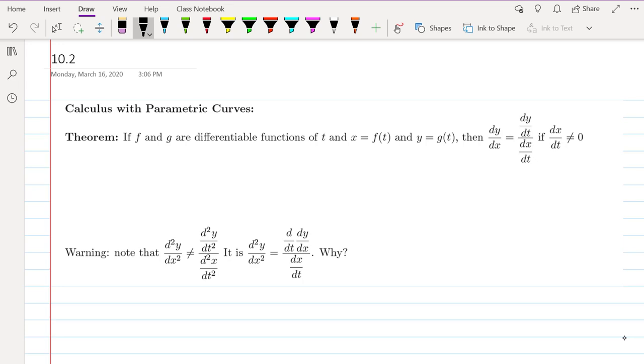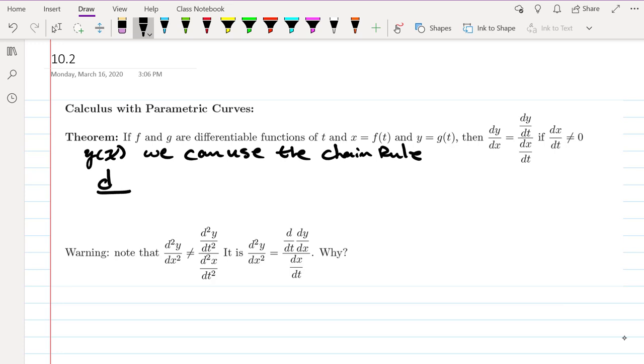So if we assume that y is a function of x, we can use the chain rule. So then we would have d/dt of y. Then by the chain rule, that would be dy/dx times dx/dt, as we differentiate through our intermediate variables.